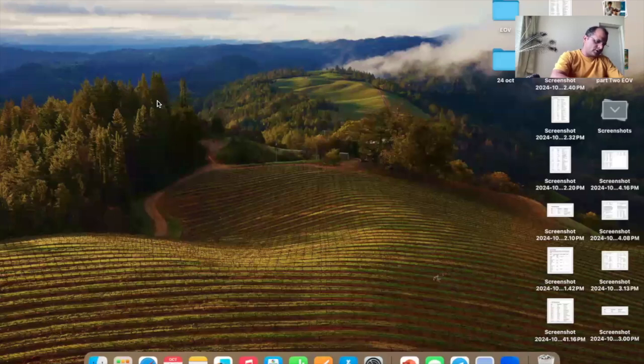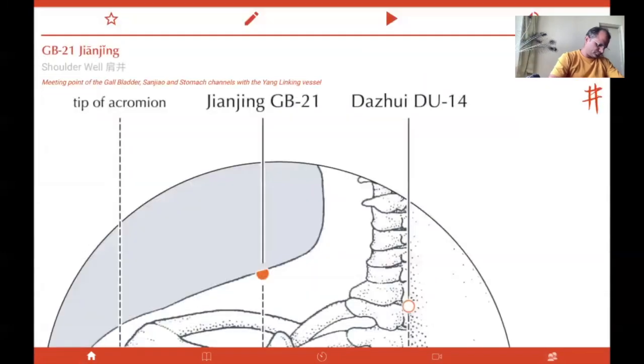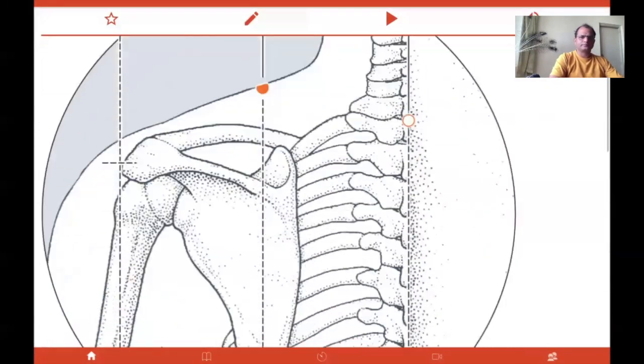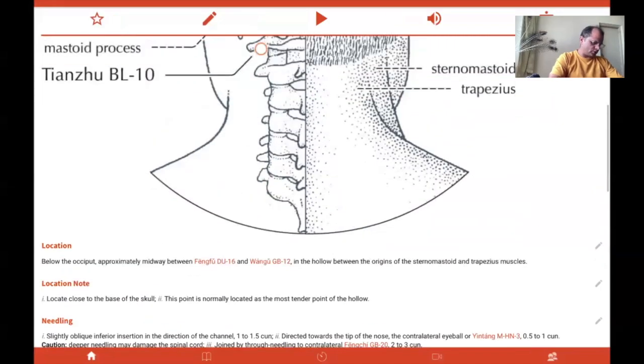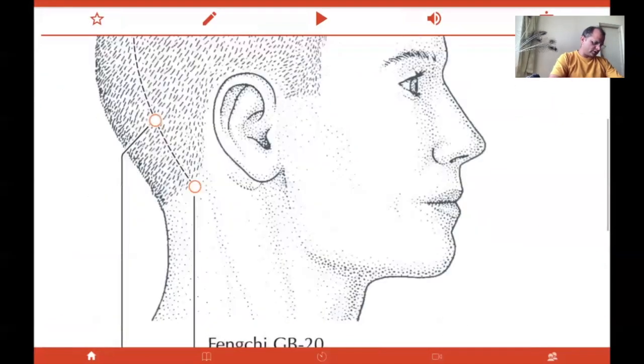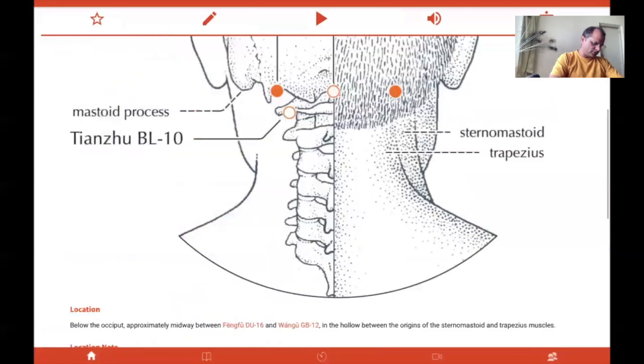Now, gallbladder 21 is on the shoulder, हमारा gallbladder 21 shoulder में है. We can see this is located on the shoulder area. इनको measure करने के कुछ तरीके हैं, but right now I'm just discussing the protocol.